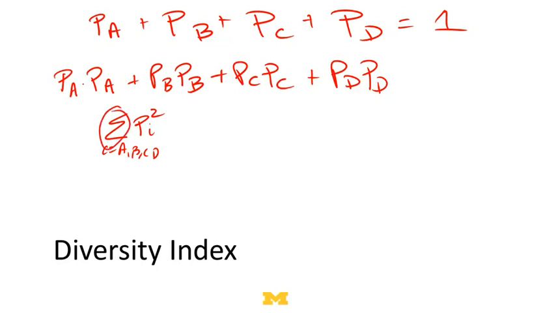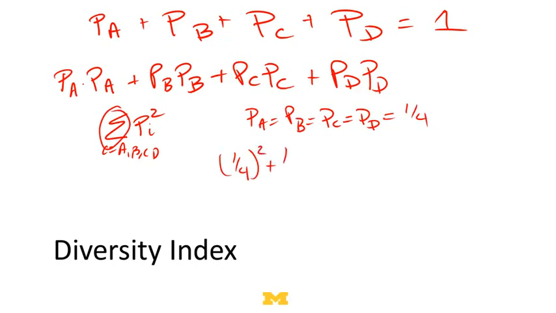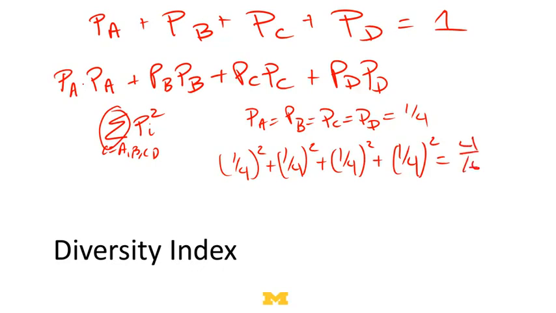So let's suppose I have PA equals PB equals PC equals PD, so they're all 1/4. Well, then I'm going to get 1/4 squared plus 1/4 squared plus 1/4 squared plus 1/4 squared, which is 1/16 plus 1/16 plus 1/16 plus 1/16, which is 4/16, which is 1/4.